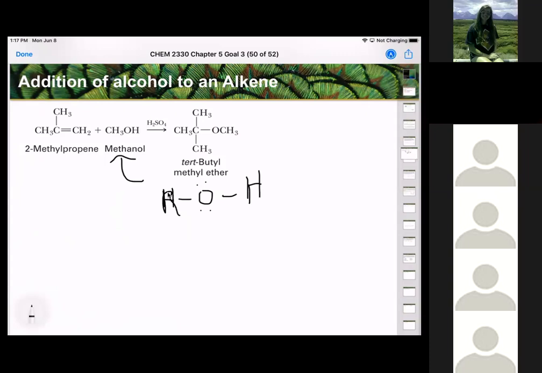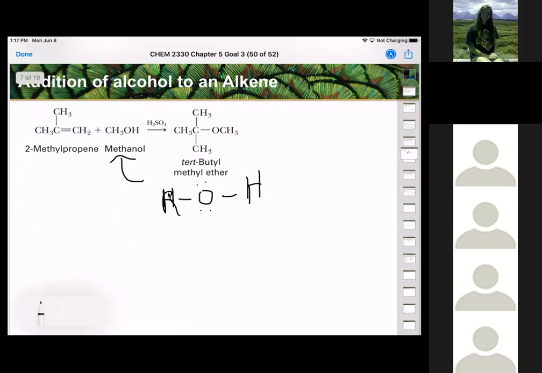So while the mechanism's the same, the product is different. We actually end up forming an ether, and we'll learn a little bit more about that in chapter 8, but we're forming a different functional group. So I wanted to take a little time to look at the mechanism and the product here.